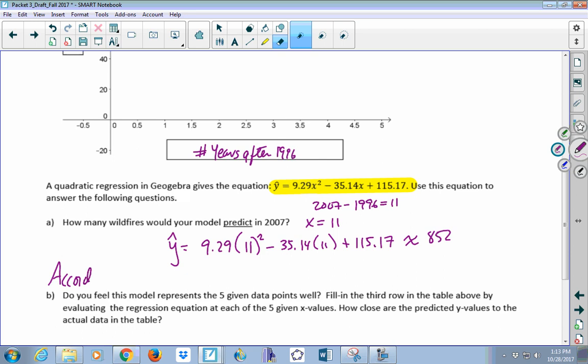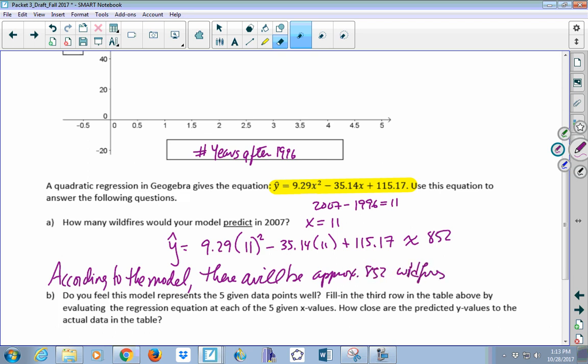According to the model, there will be approximately 852 wildfires in 2007.